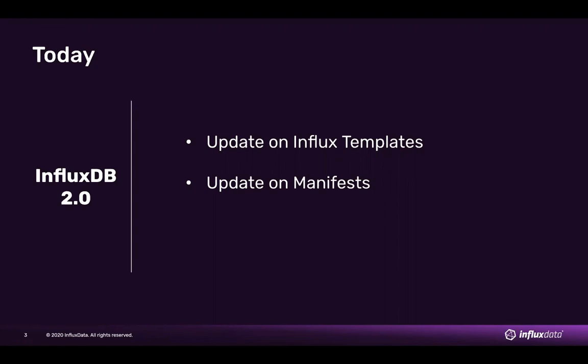I think it's going to be really powerful, especially for the open source community and the Kubernetes users out there, but also for anybody who is managing an Influx instance: being able to destroy and recreate all of the resources in Influx very quickly. So really useful for developing and testing things.